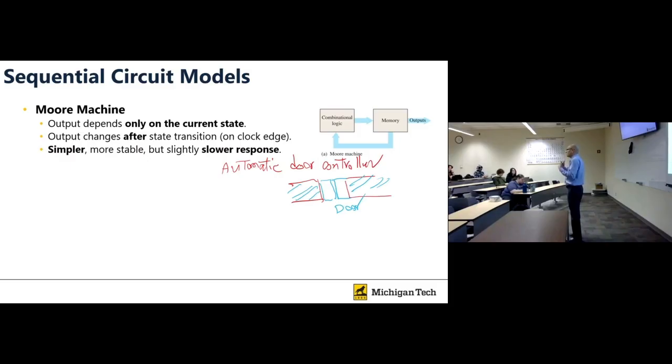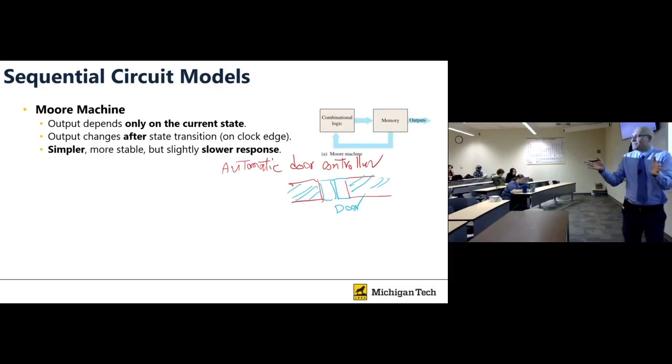So you make a decision: if the state is closed, stay closed or get open. You get the point? If the state of the system is already closed, you want to stay closed or get open. So this system is Moore because the output is just related to the current state. That's an example of Moore.